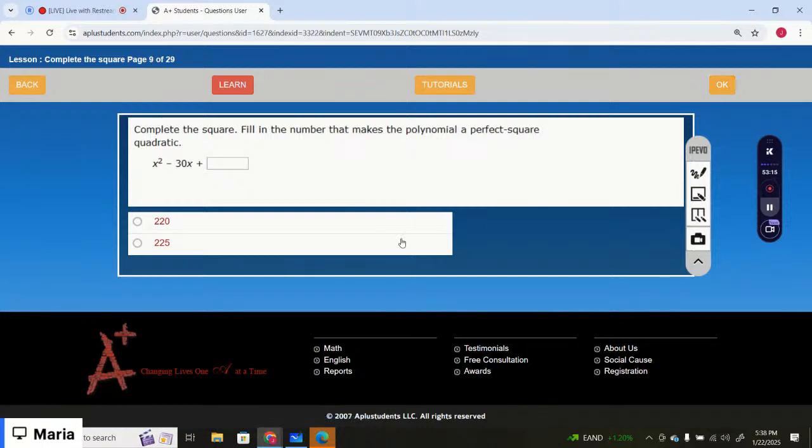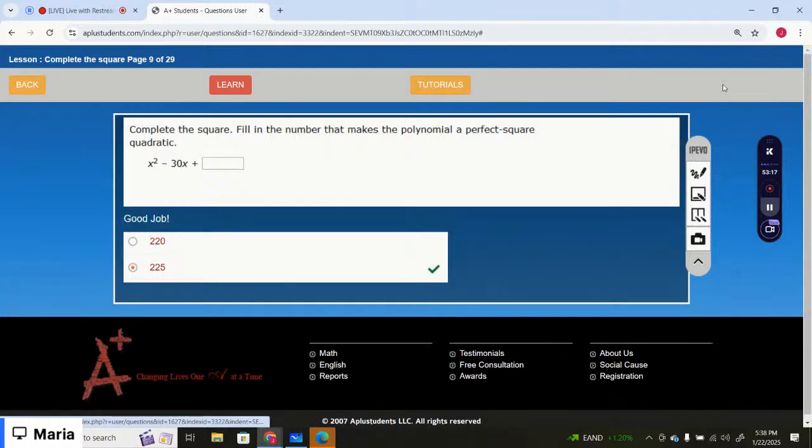Option number 2 is the correct option. That is 225.